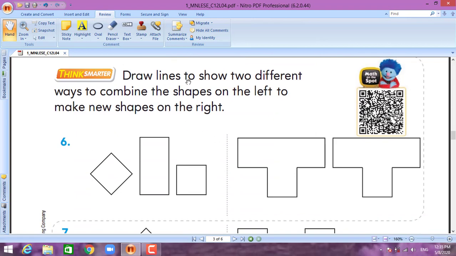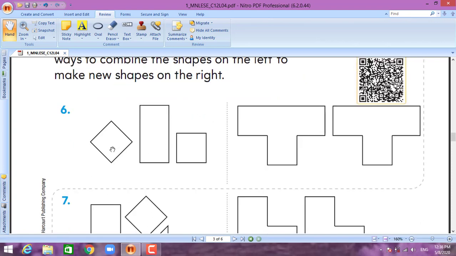Draw lines to show two different ways to combine the shapes on the left to make new shapes on the right. I have here a square, rectangle, and another square. I want to put lines here to see these three shapes.